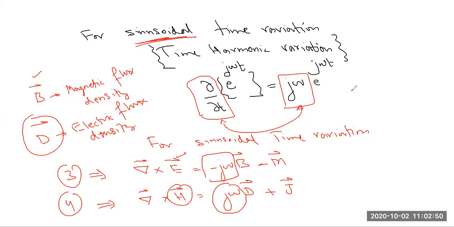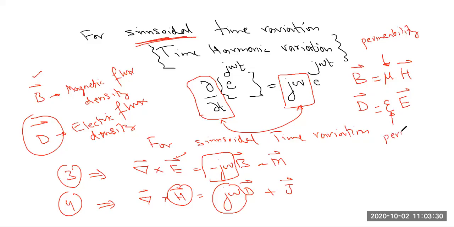The fundamental relationship is that B, magnetic flux density, is related to magnetic field intensity by B is always equal to mu H. And electric flux density D is related to electric field intensity through this parameter, D is equal to epsilon E. Now this mu is the symbol for permeability of the medium, and this epsilon is the symbol for the permittivity of the medium.